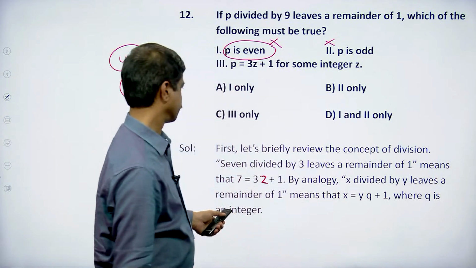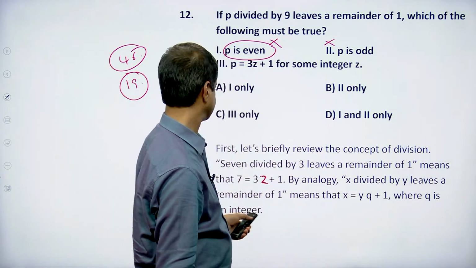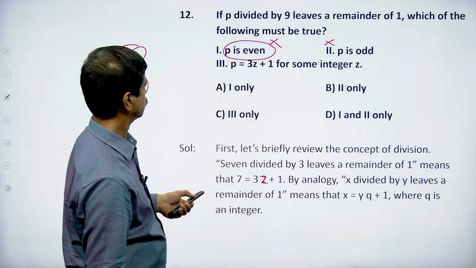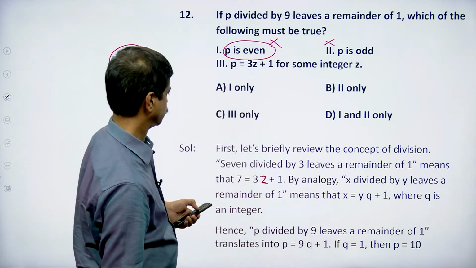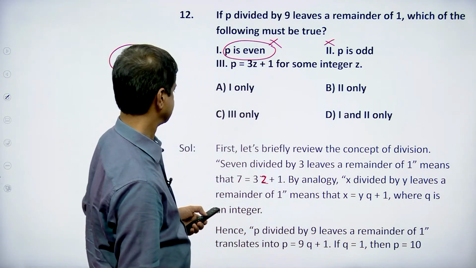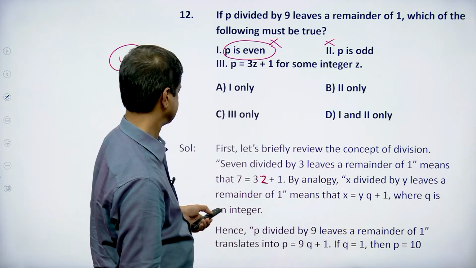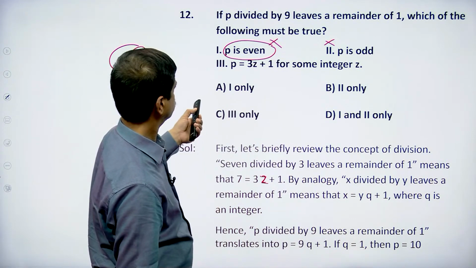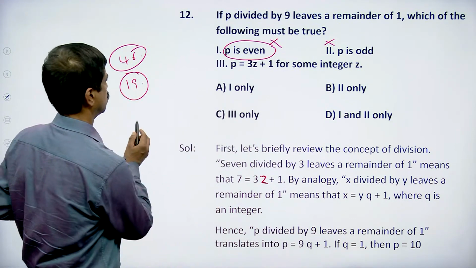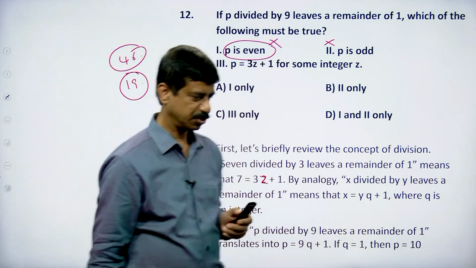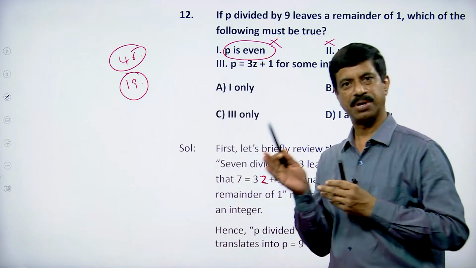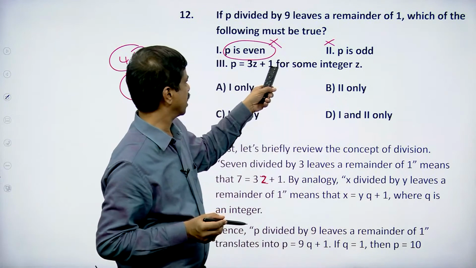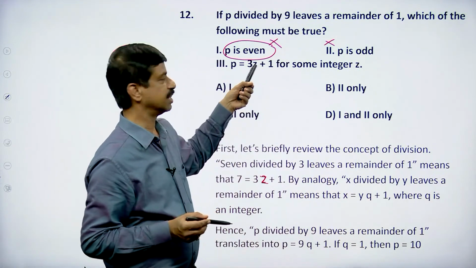Leaves a remainder 1. Okay. P is 3z plus 1. So now, children, yes. So look at this, children. So we are thinking in terms of 9. See, P is what it is. I mean, remainder is 1. You remove this. So now, other numbers are what?